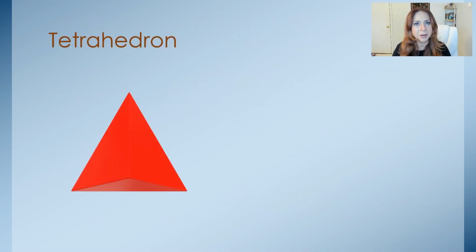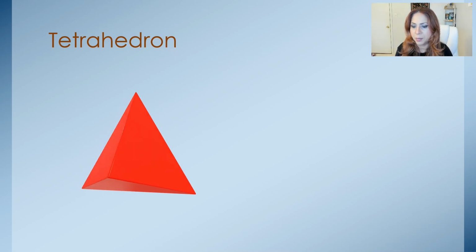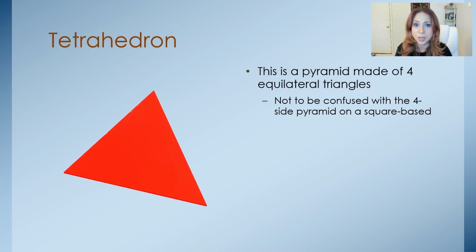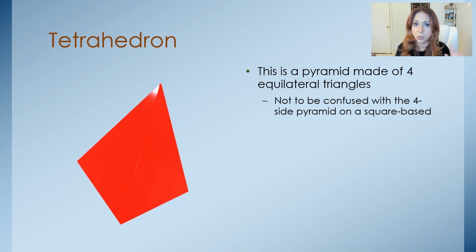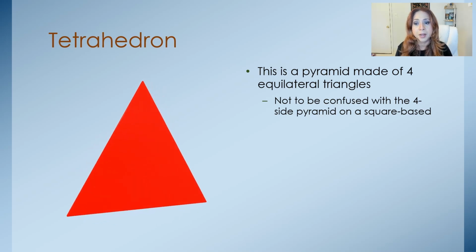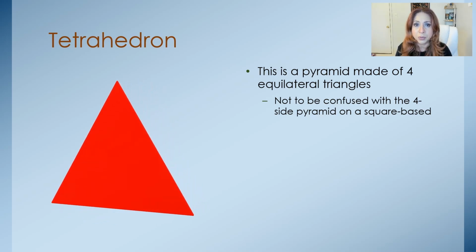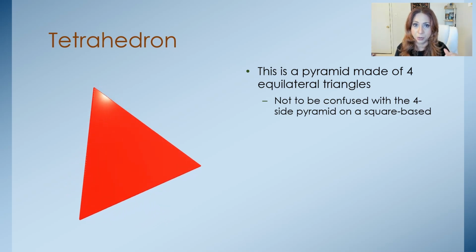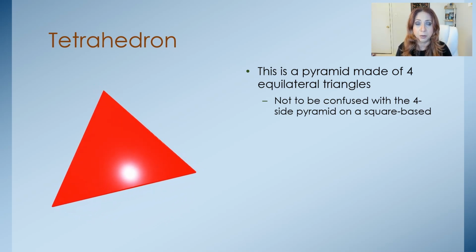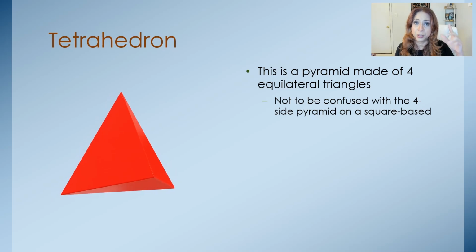So let's start with the first one, the tetrahedron, going back to the sacred geometry review, or the first tutorial. This figure is made of 4 equilateral triangles. Equilateral triangles, all sides are the same. And please do not confuse this with the top of the obelisk figure, which is the pyramid made on a square base and then triangles.